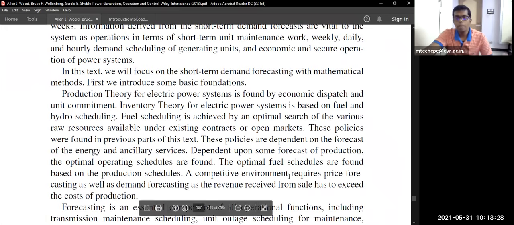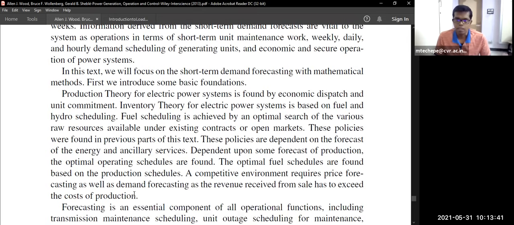A competitive environment requires price forecasting as well as demand forecasting, as the revenue received from the sale has to exceed the cost of production. So electricity price forecasting. Say, for example, generation companies are generating 13,000 megawatt.